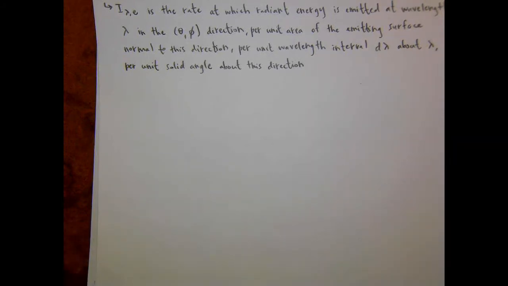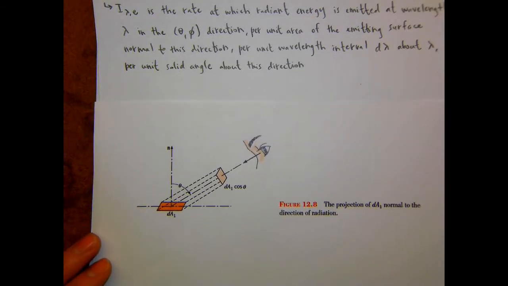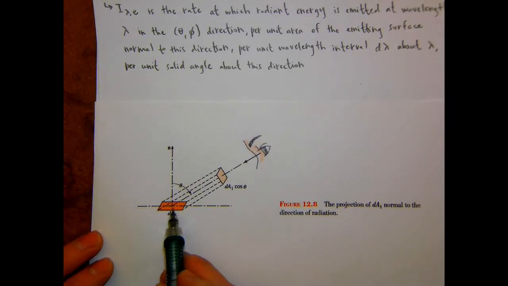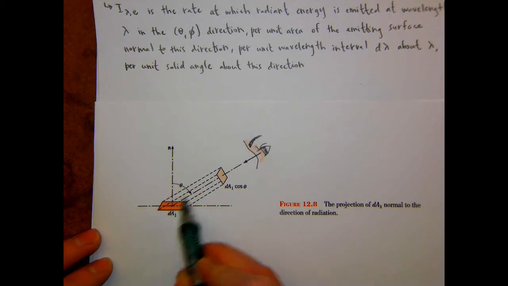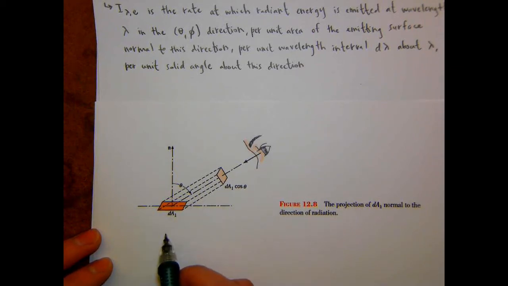So it's only radiating in that one direction then? Right now, we're just considering radiation in one direction at one wavelength. And then we'll integrate up over all of the directions and all of the wavelengths to capture all of the radiation.